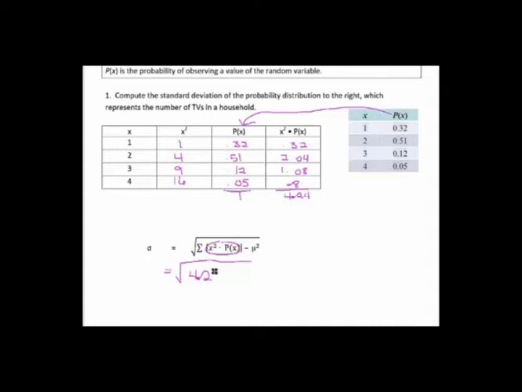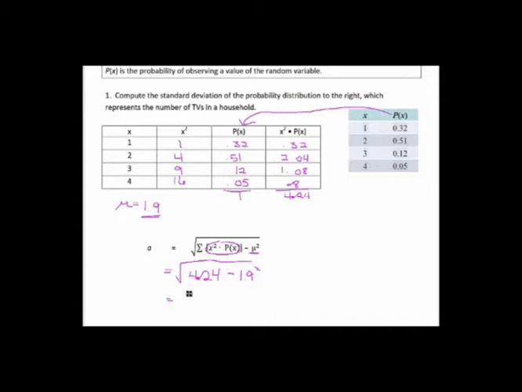It's not letting me do a point really well. Sorry about that. Minusing the average squared. Well, guess what? We know the average. Remember the average from the last one, because we've already done this. You can go back and look, but we found that the average is 1.9. And so 1.9 squared is those 2 pieces.